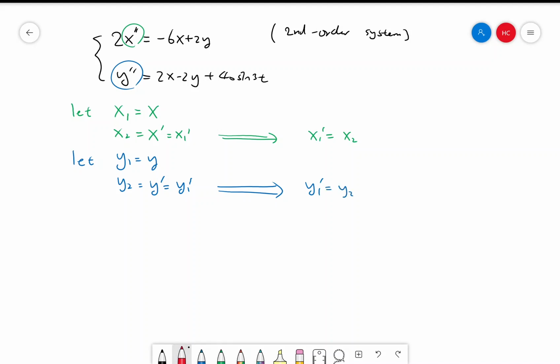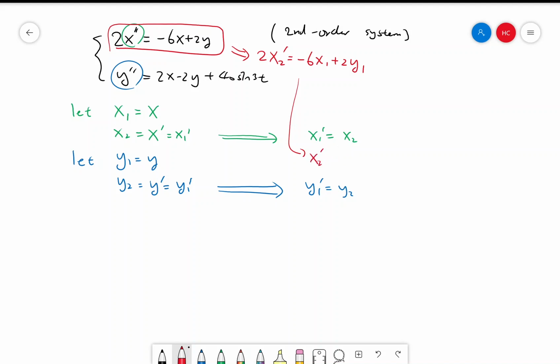Now let's look at the original equation. This one tells you that 2x double prime is 2x2 prime. So 2x2 prime equals negative 6, x is x1, y is y1. Let's divide by 2 on both sides to make it look prettier.